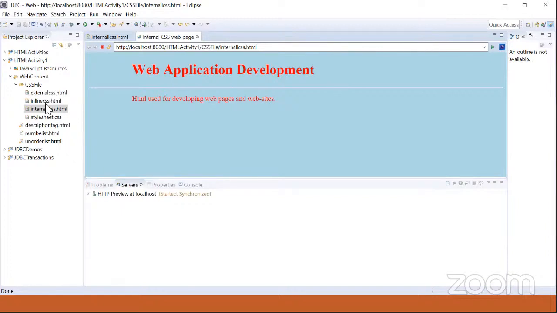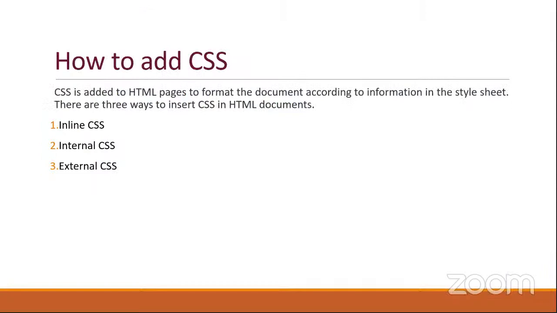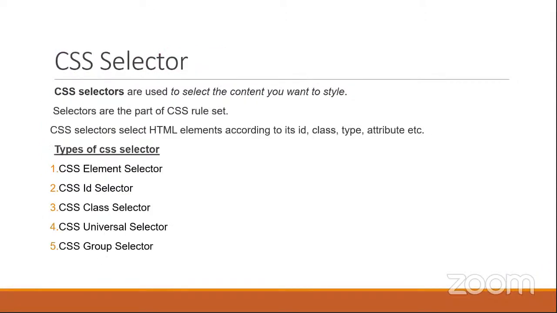Hope it's clear about the three types of CSS: inline, internal, and external. Now it's about CSS selectors. Among that, element selectors is done. Now we'll move to ID selectors.